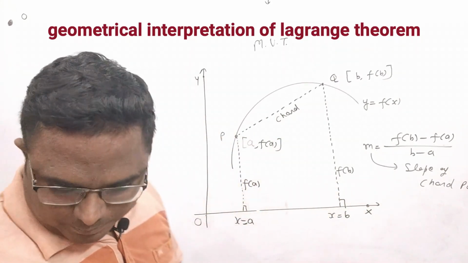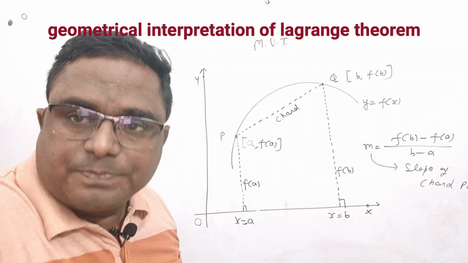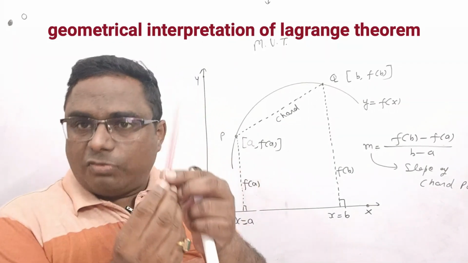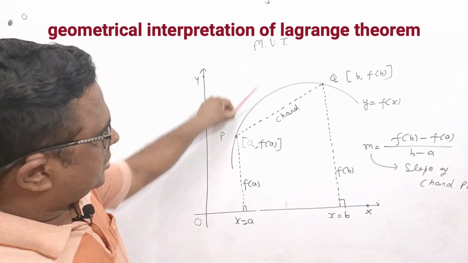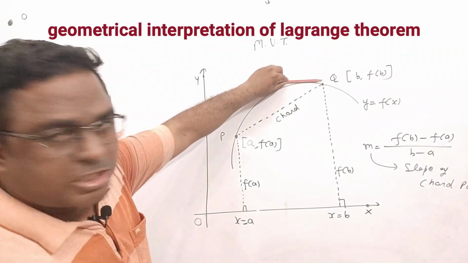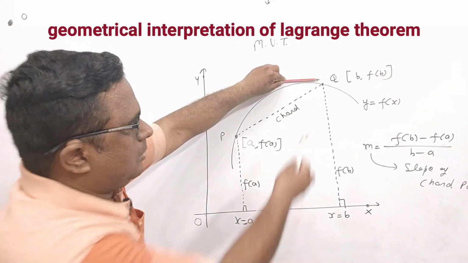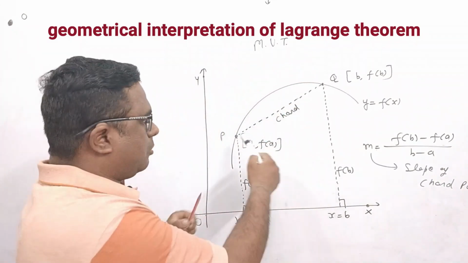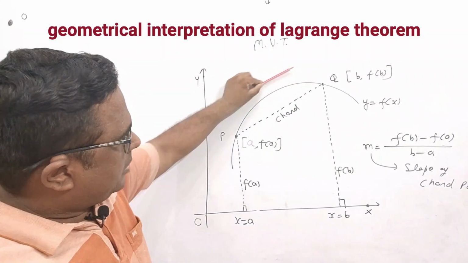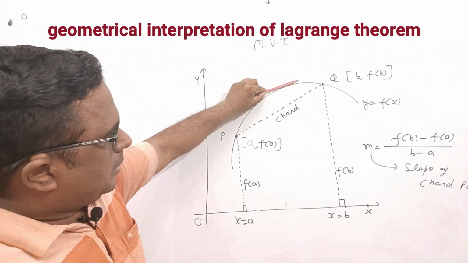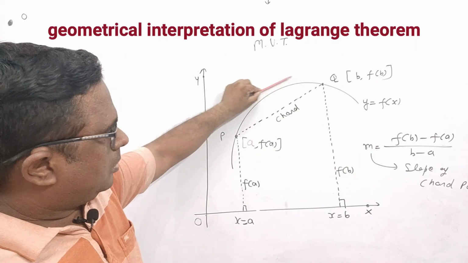Now again, suppose this pencil is working as a tangent. You see, if I draw a tangent here, then this tangent is not parallel to the chord PQ. If I come a little back, it is also not parallel to the chord.